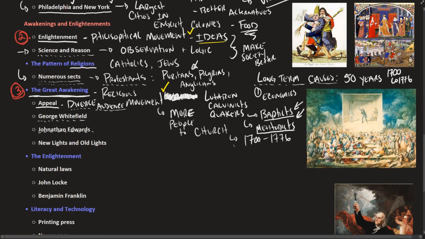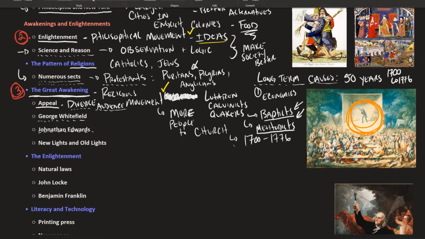So when George Whitefield was preaching in your town, 20,000 people would show up. And this was a town that maybe only had 30,000 people. And everybody would go out, right? I like to say, it was the Coachella of 1757 or something like that, right? And these preachers were entertaining. They would get their audience involved.